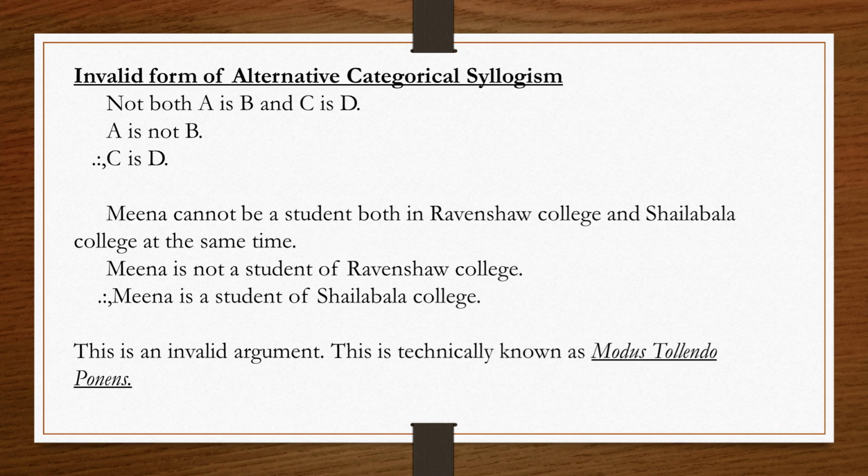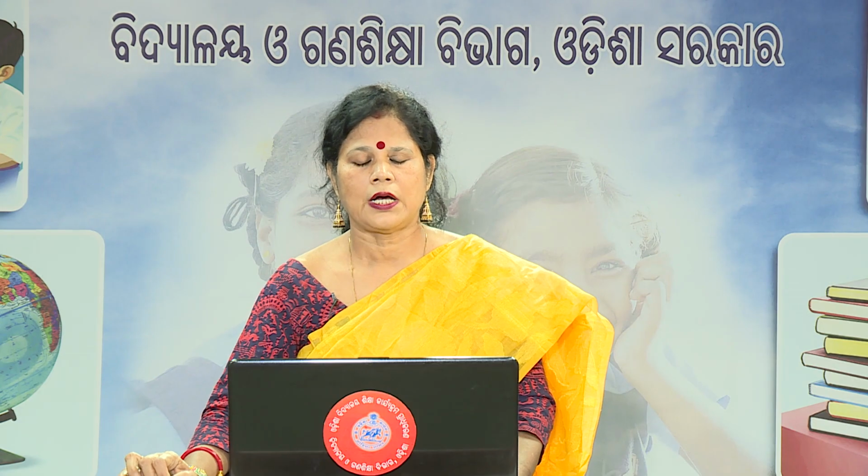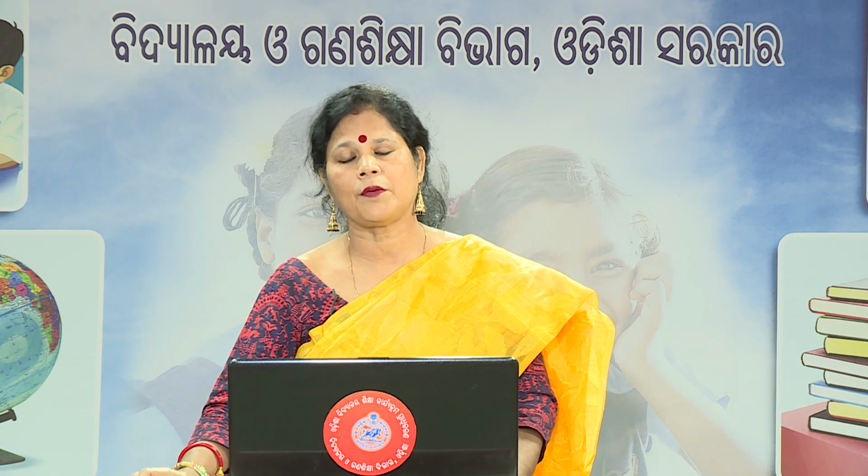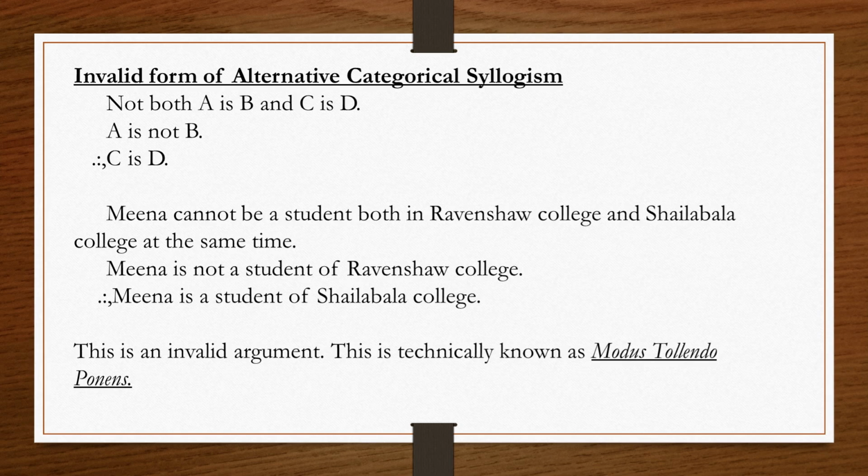Now, if we deny one of the alternatives in the minor premise, we say A is not B. If in the conclusion we say C is D, that means we denied one alternative in the minor premise and affirmed the other alternative in the conclusion, then it becomes a fallacious argument. It becomes a fallacy, it becomes an invalid argument, and the invalid argument is known as modus tollendo tollens.